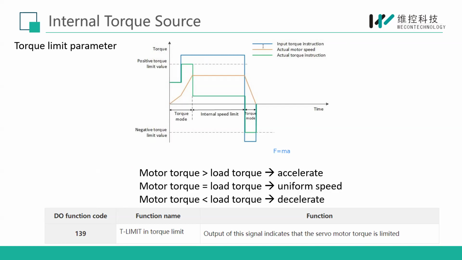Yes, 3000 means 300%. But usually we don't set such a big percent, because it will make our driver report an overload error.